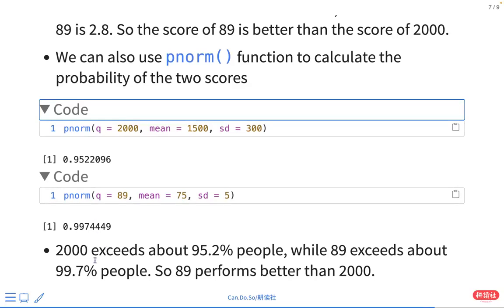It means A's score of 2000 defeated 95.2% of people, while 89 exceeds about 99.7% of people. So B exceeds much more people by percent. So B's score performs better than A.